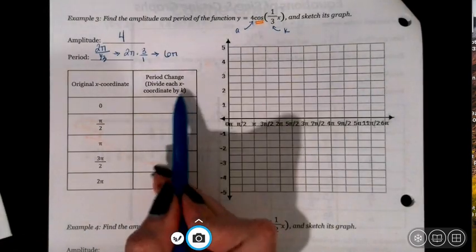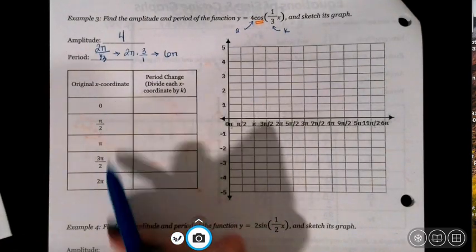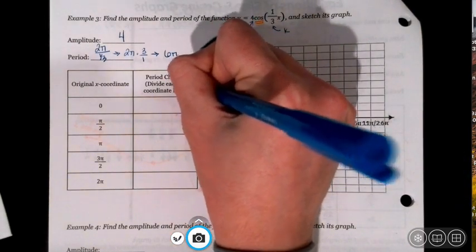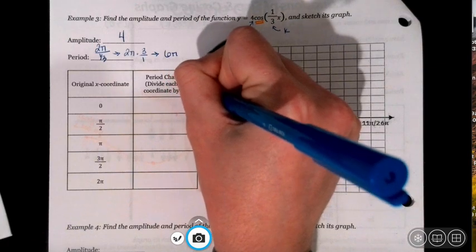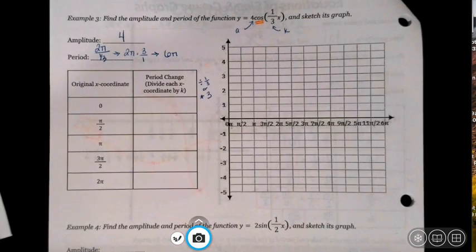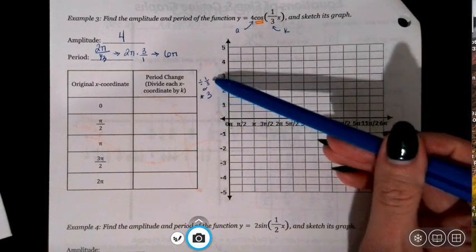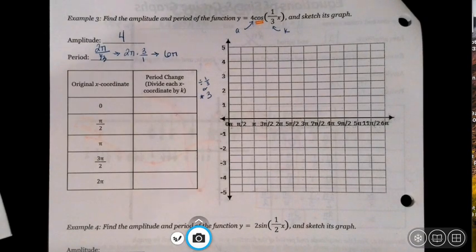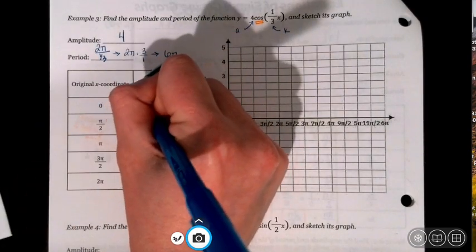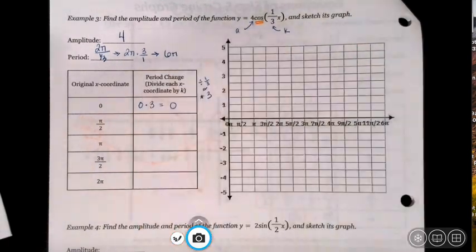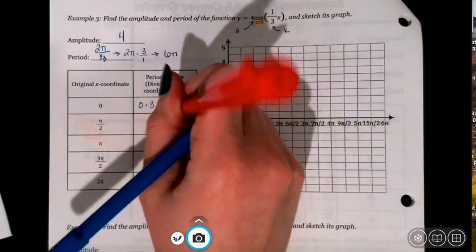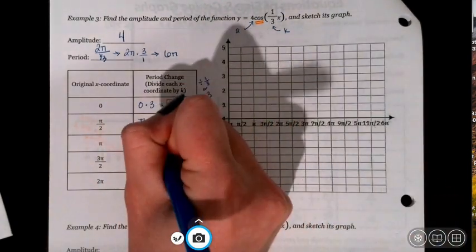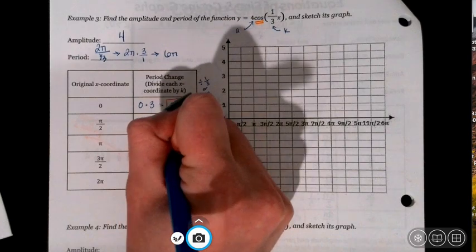So I'm going to start by dividing each of my x values here by my k. So I am dividing by 1/3, or I can multiply by the reciprocal, which is 3/1, which is just 3. So of these two options, multiplying by 3 is definitely the better of the two, and I'm going to do that for all of them. So I'm going to take my x value, and I'm going to multiply by 3 here, and I still have 0, so that one doesn't move. My next x value is pi/2. I'm multiplying that by 3, which is technically the 3/1.